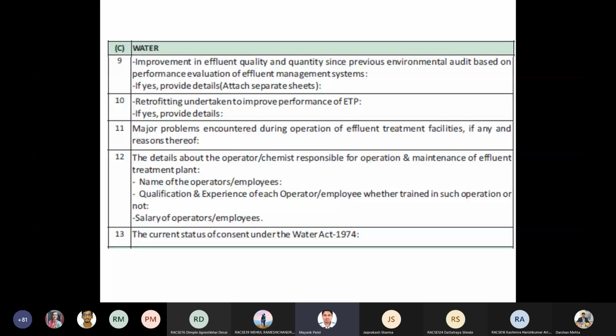Then the operator who is looking after your effluent treatment plant, or the employees, their qualification, even their salary, all these things are also required, and the current consent status of the industry under the Water Act, that you need to mention.